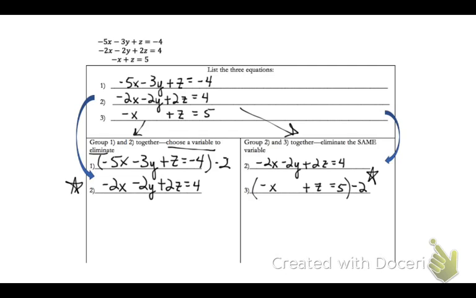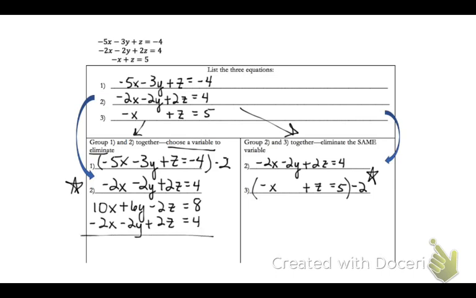Now let's do this together. So we need to multiply our first equation by -2. So -5 times -2 is positive 10x, and then we'll get a positive 6y and a -2z. And then don't forget to multiply that number after the equal sign by it as well. So positive 8. Then you're just going to copy down your next equation.